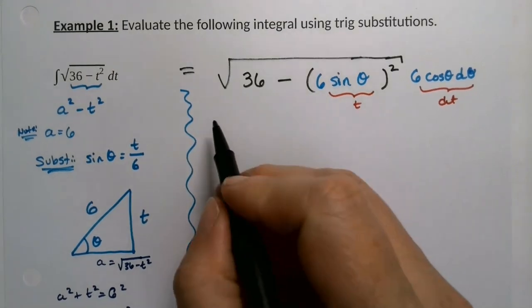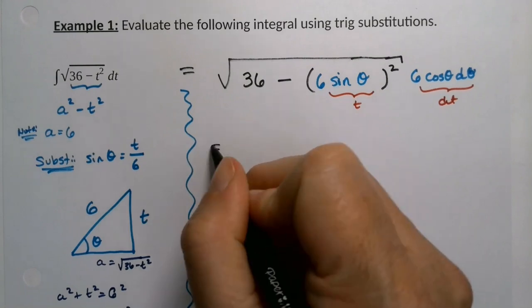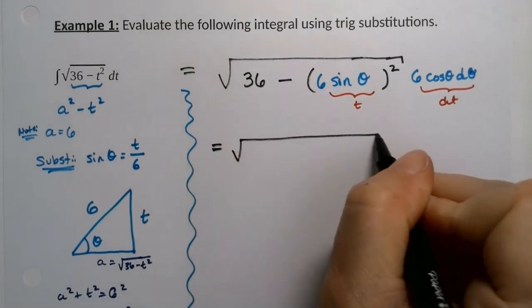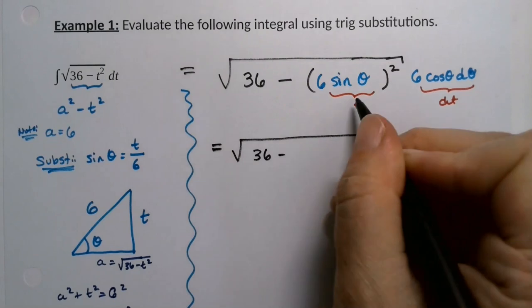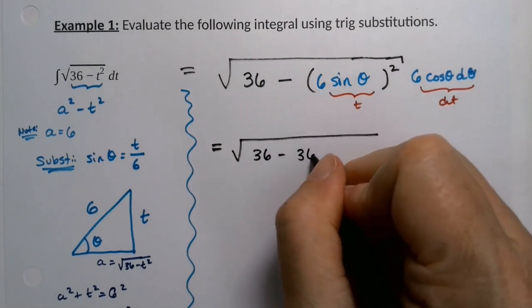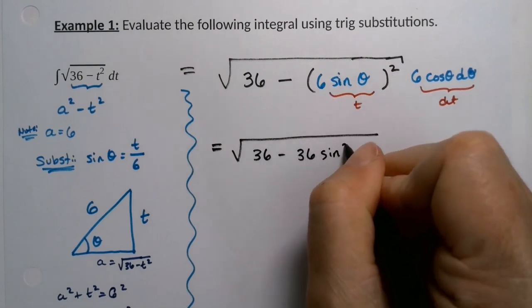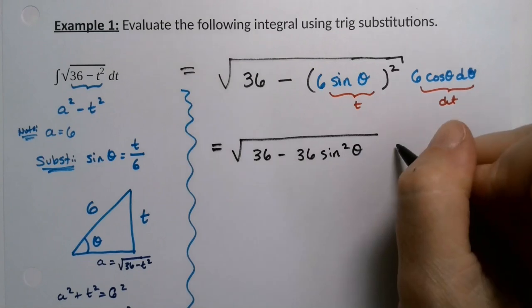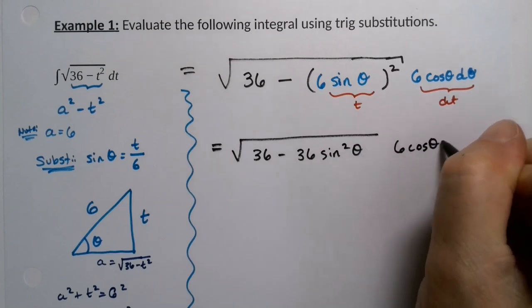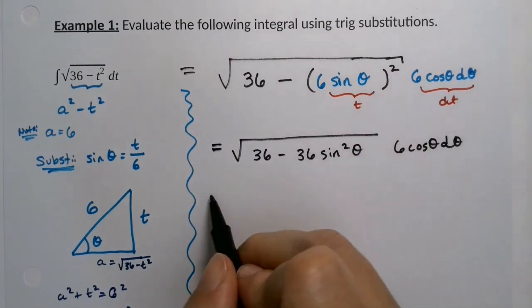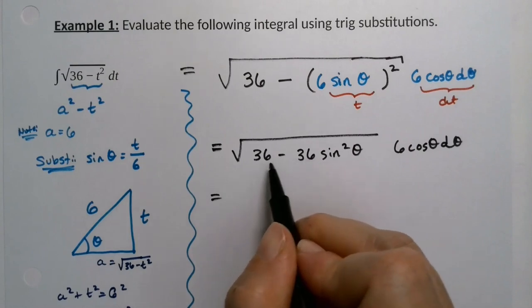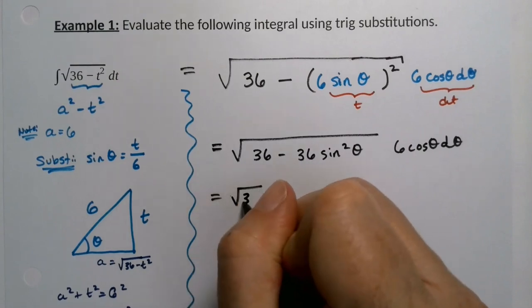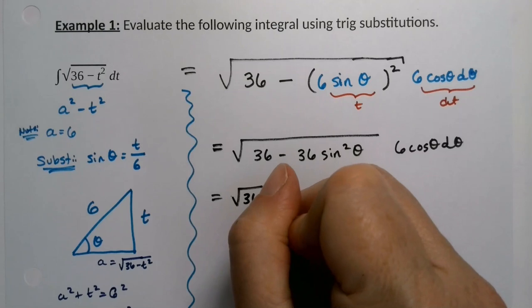So this is equal to the square root of 36 minus, and then if I square this, it's 36 sine squared theta times 6 cosine theta d theta. Now I notice these two terms both have a 36 in them, so I'm going to factor that 36 out.